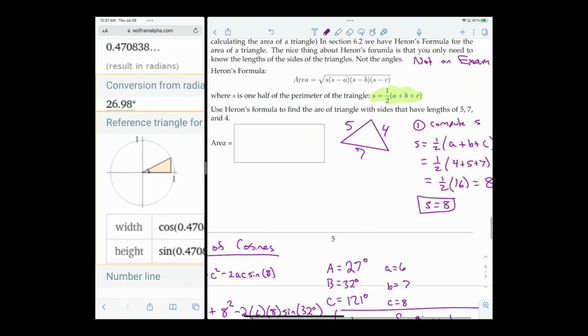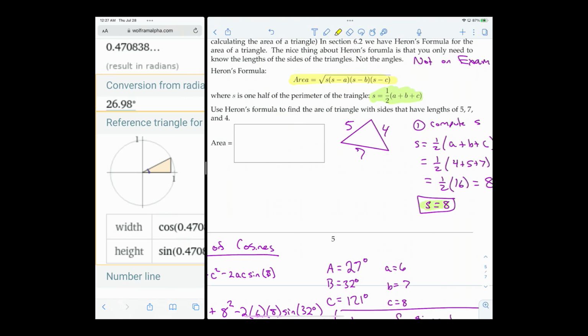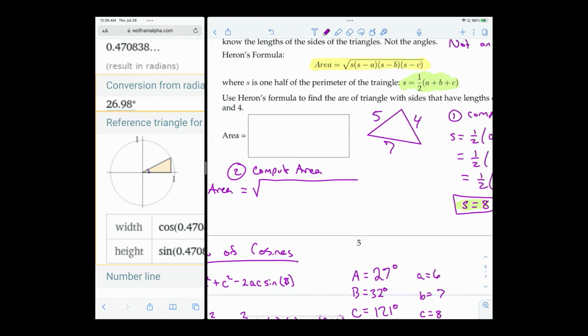Okay, and once you have S, you can use this formula to calculate the area. So part 2 is compute area. That's area, not capital A from before. So the area is the square root of S times (S minus a) times (S minus b) times (S minus c).